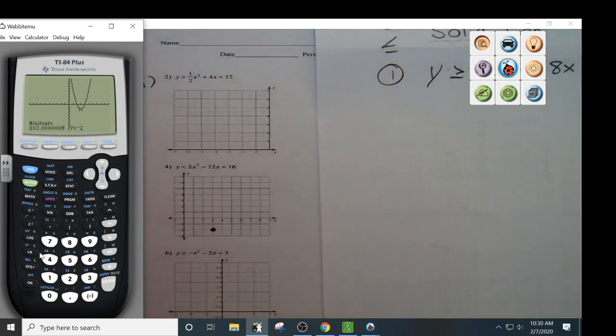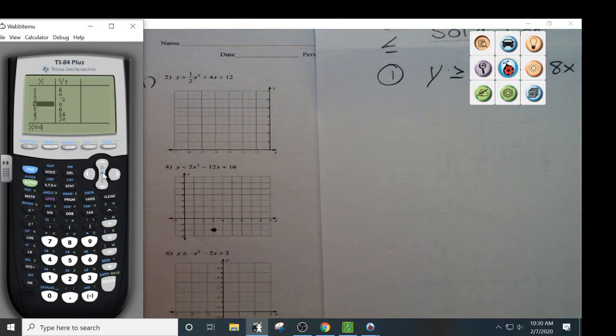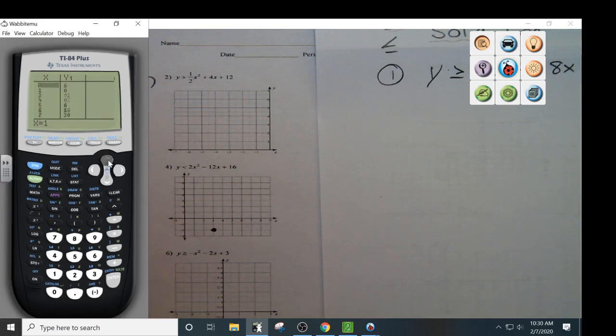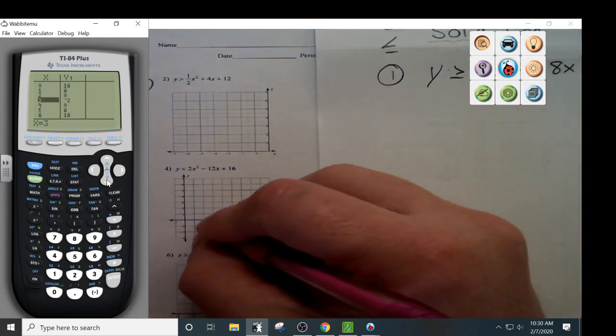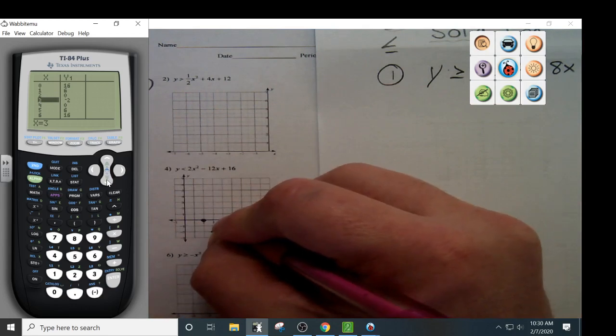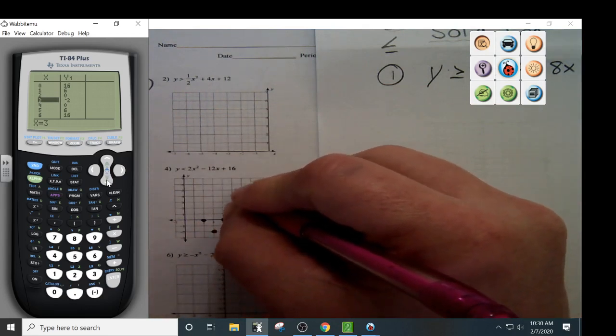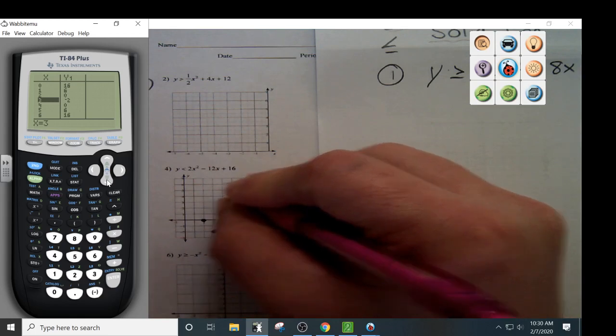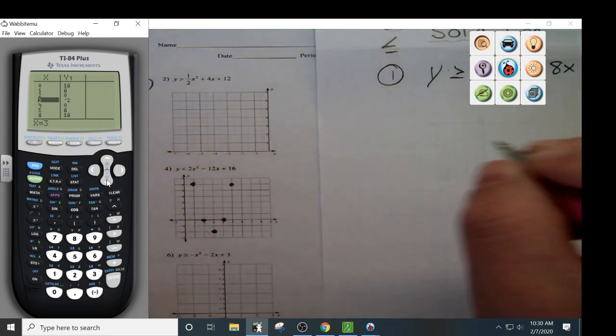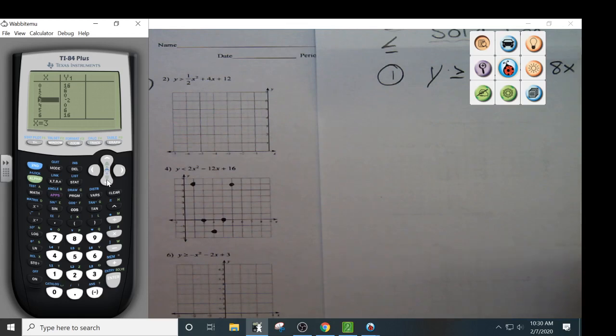Now to get our other values, we're going to go to our table and find our vertex. Our vertex is 3, -2. So we're going to graph 2, 0, 4, 0, 5, 6, and 1, 6.